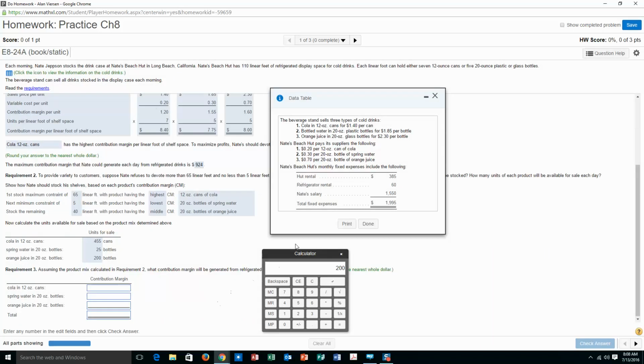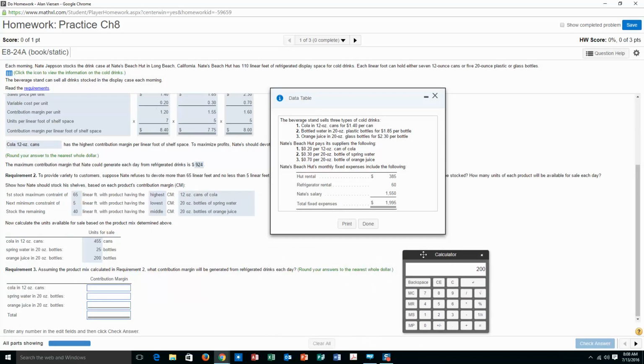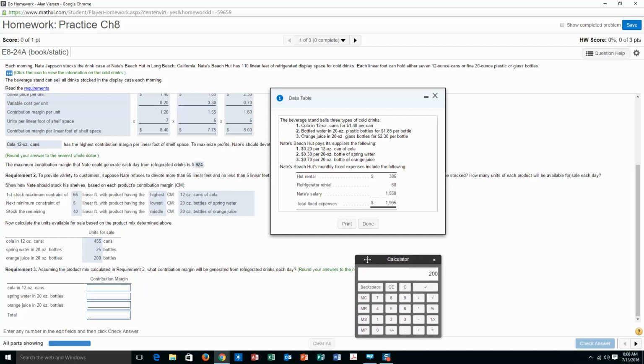Okay, so now the last part is going to ask us, under the scenario where we're going to actually use this number of cans and bottles that are available, assume the product mix is calculated in requirement 2. So here's our product mix. What contribution margin will be generated from refrigerated drinks each day?